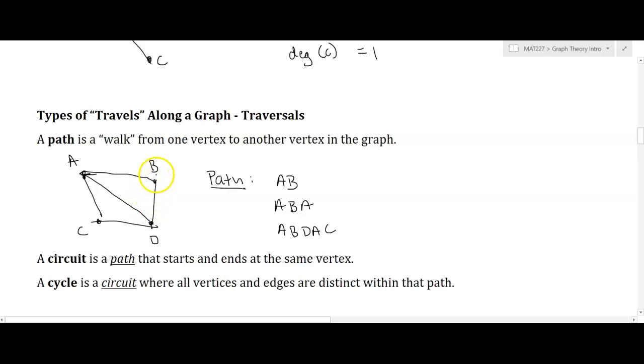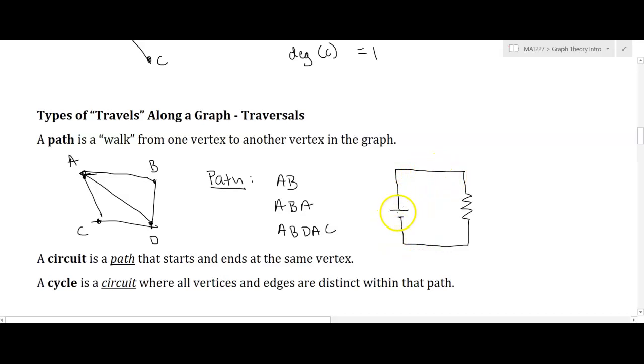We want to start placing some restrictions on these paths, because a lot of times we don't want to just start and stop at random places. So we have a definition for what's called a circuit. If you think about an electrical circuit, it starts at one end of the battery, there might be some sort of resistor, and then we close that circuit.